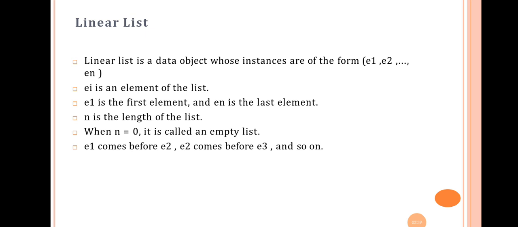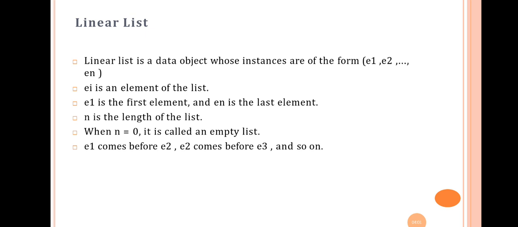And first one is linear list. A linear list is a data object whose instance is of the form E1, E2 up to En elements. Ei is an element of the list. E1 is the first element and En is the last element. n is the length of the list.